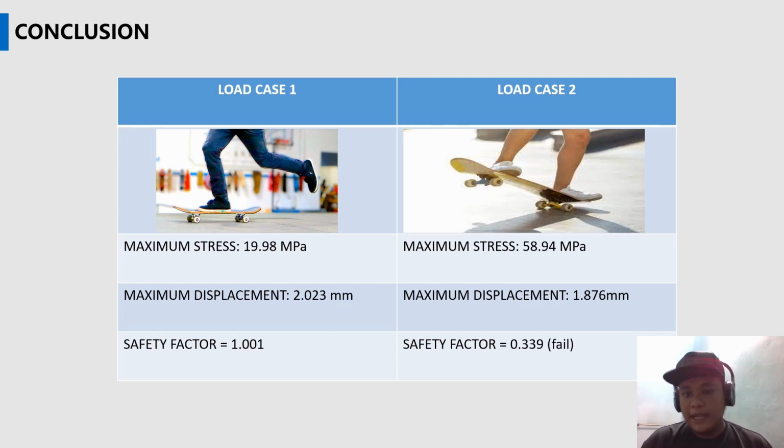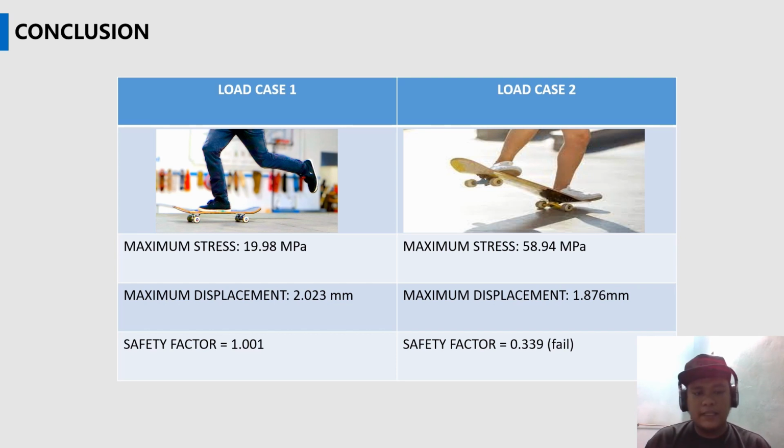It is expected since the weight of the skater at load case 2 is distributed only on one side of the wheel, while at load case 1, the weight is distributed on two sides of the wheel. Therefore, load case 2 will have higher stress compared to load case 1. However, based on our simulation, we find that the maximum displacement at load case 1 is higher compared to the maximum displacement at load case 2.